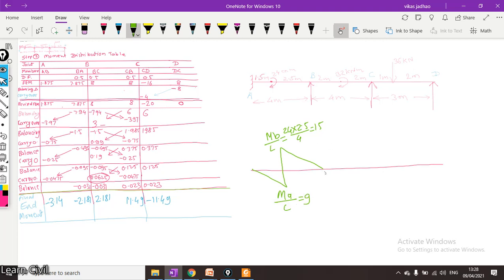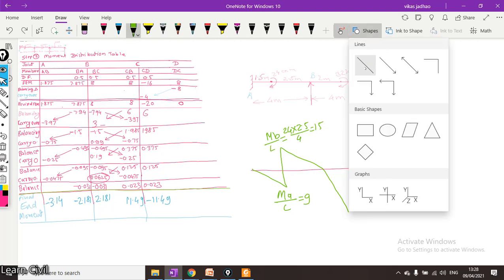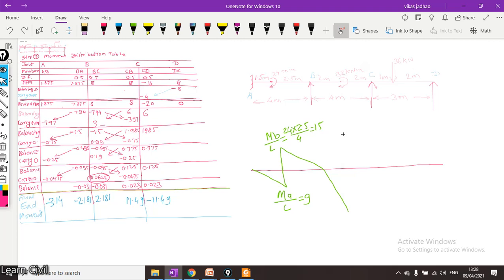Now for span BC, the value will be M by 2, because it is acting at the mid span. And this will be a straight line.